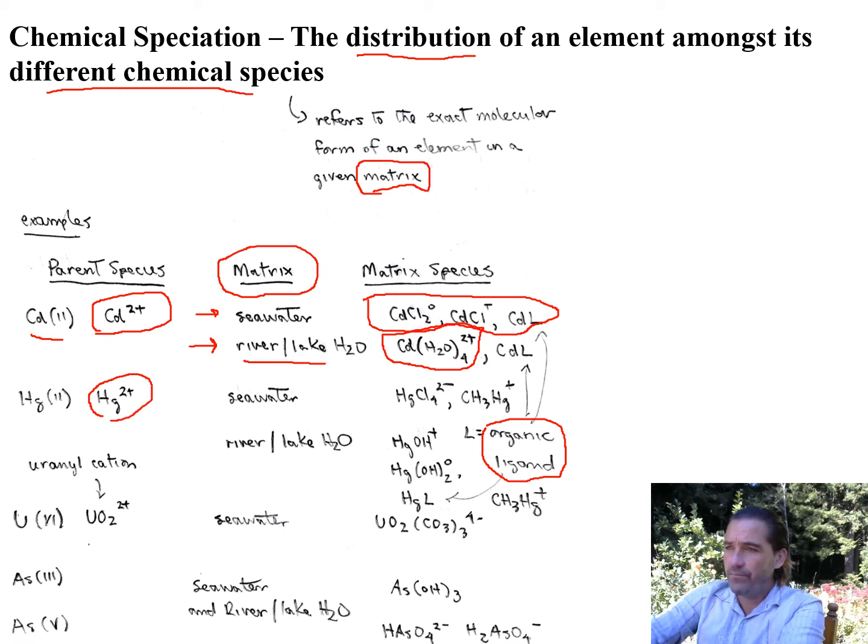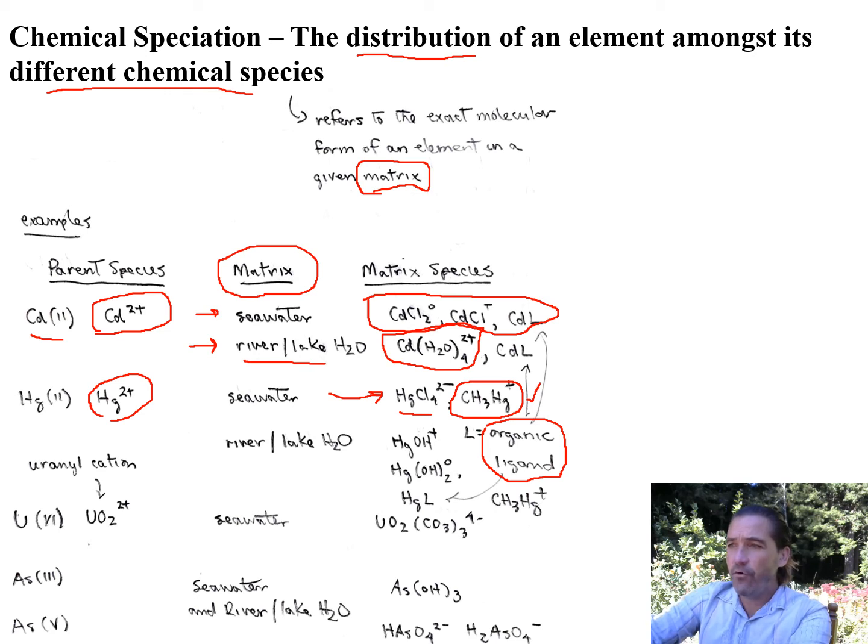Mercury, similar. There's lots of chloride present in seawater, so that's the form it takes. It can also be methylated, and so methylmercury is a dangerous type of mercury that is found in fish, and it's very, very toxic to humans because it is an organic form of mercury. So when you take up something like methylmercury, it will easily go into your cells, go into your brain, and do damage.